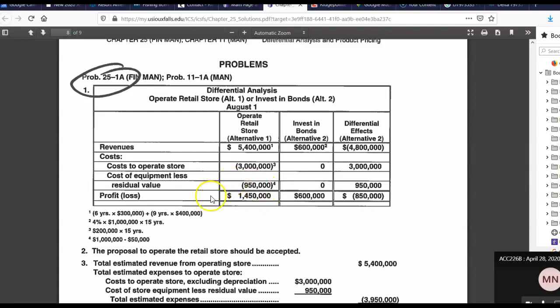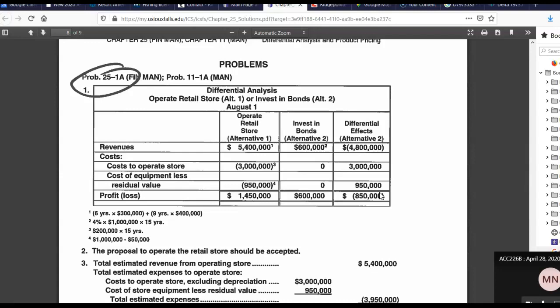So what are we looking at? 1.45 million. This is the revenue from the bonds, okay? So when you look at that, 1.45 million versus 600,000, that is a difference of 850,000. Does that make sense? I don't want us to get so hung up on the columns, because ultimately it depends on which column you put first or last.